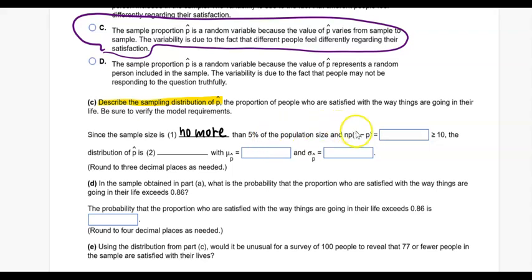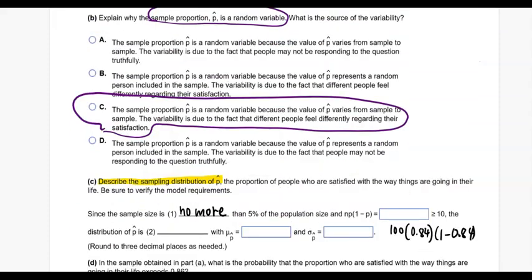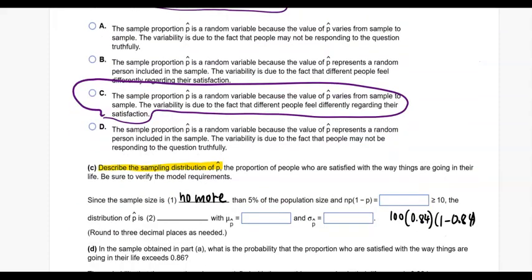And np(1 minus p), let's find the value. What is n here? n is 100, p is 0.84, 1 minus 0.84. If you simplify this, again p is 0.84 here, you get this number 13.44.